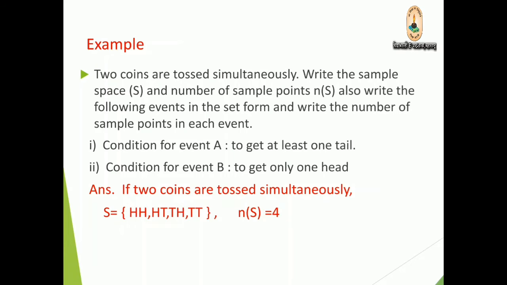Answer. Here the random experiment is two coins are tossed simultaneously and therefore sample space is S equal to curly bracket HH, HT, TH, TT. There are 4 sample points and therefore n of S equal to 4.